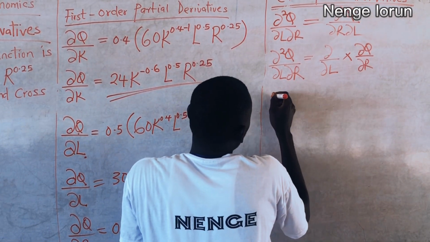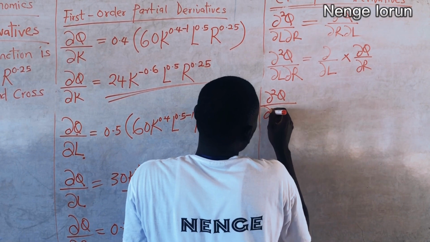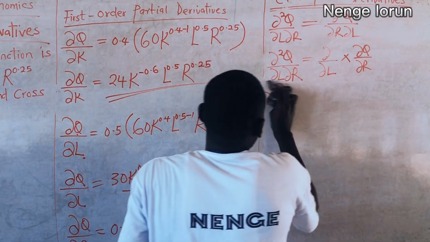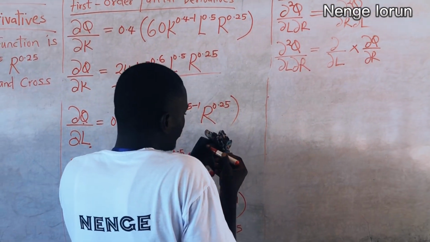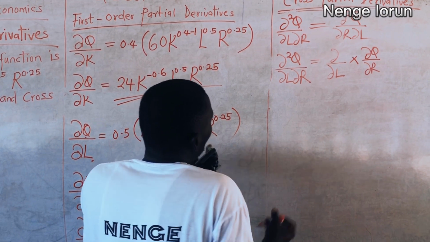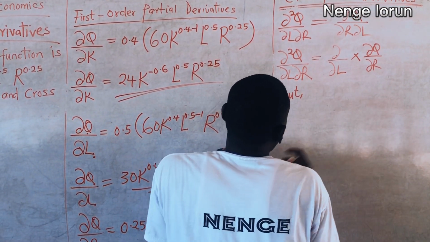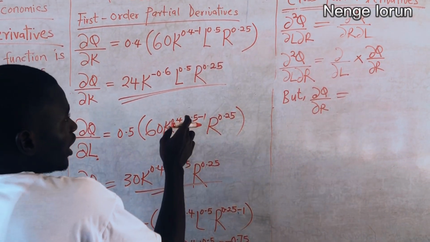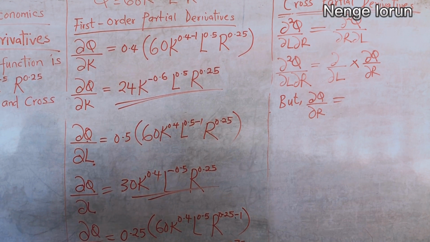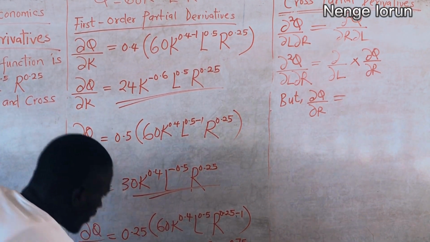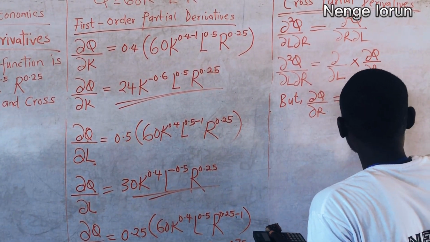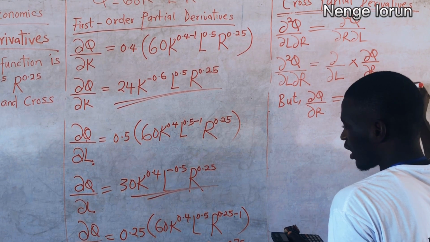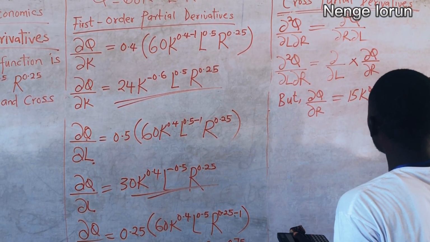So it implies that the second order cross-partial derivative of q with respect to L with respect to R, the cross-partial derivative of q with respect to r has been computed as 15k raised to the power of 0.4 l raised to the power of 0.5 r raised to the power of negative 0.75.